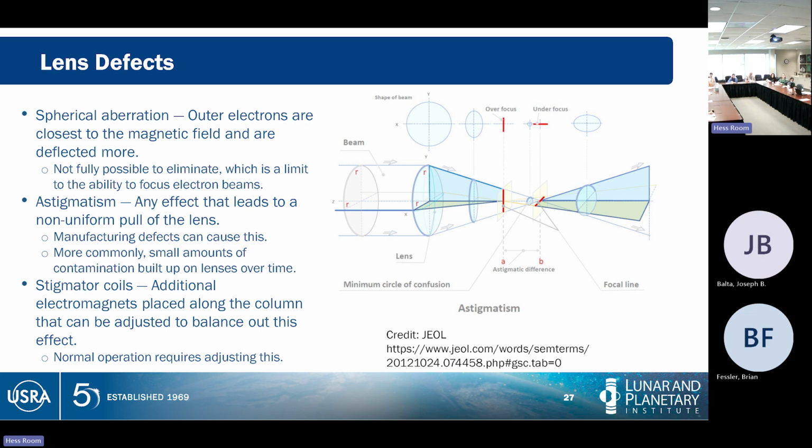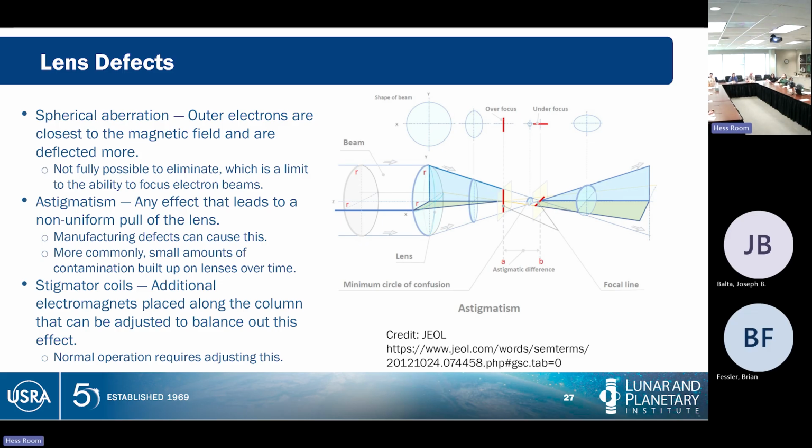So it's trying to focus at one spot, but because something has happened where it's not perfectly focusing, it draws a portion of the focus off. That is astigmatism. Now, if I scratch one of my lenses with a knife, that's going to cause astigmatism, meaning it will not focus correctly because of that bit of damage.